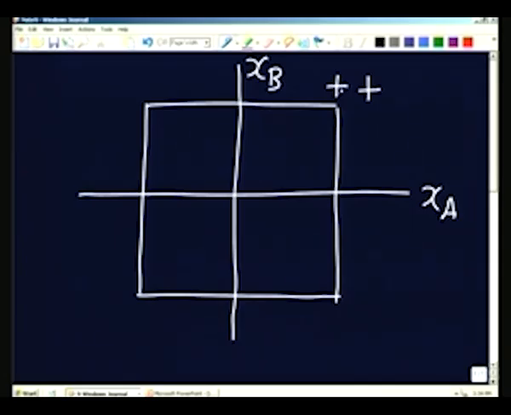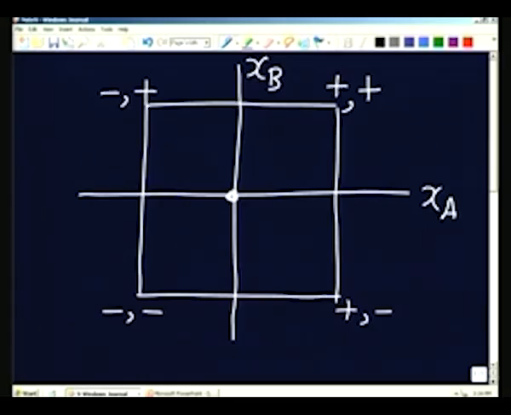So, there is double plus or plus plus. If you want, you can put a comma here. This corresponds to plus minus, this corresponds to minus, minus, and this corresponds to minus, plus, and this is the center of the thing.